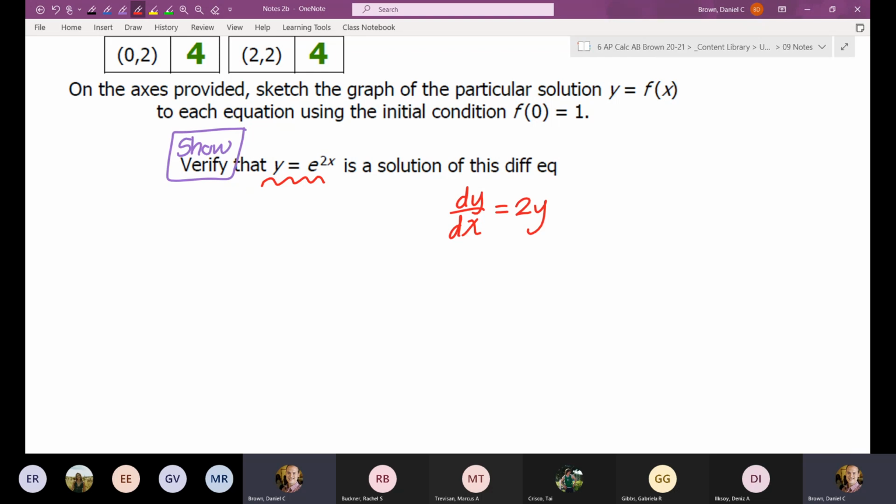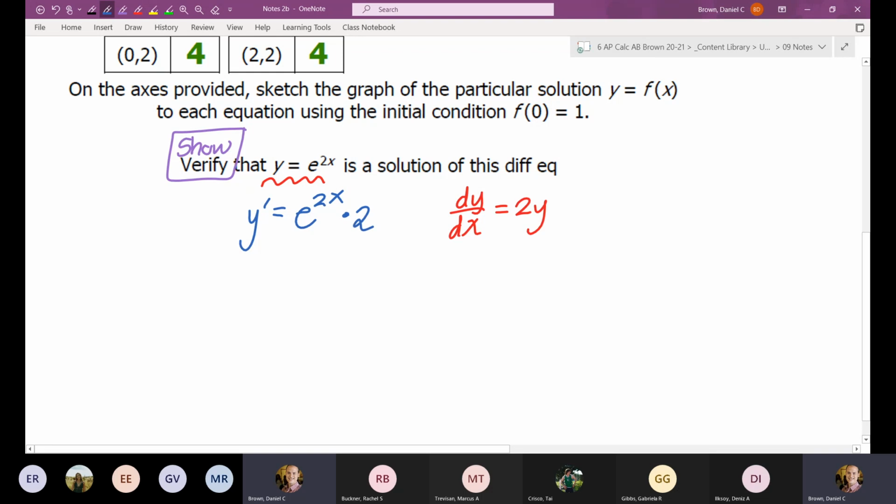Let's take the derivative. We don't know how to integrate this, so we can't really do it that way, but let's just take the derivative. This would be y prime or dy dx, I could use either notation. What's the derivative of e to the 2x? For anything, e to the u is just e to the u, and then don't forget the chain rule, so times 2.